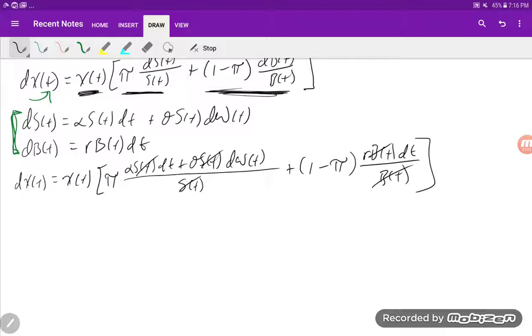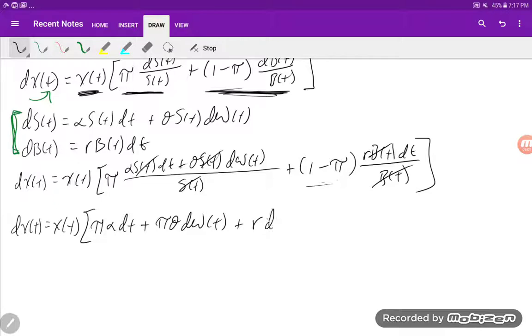So, yep, dX_t is equal to X_t times pi alpha dt plus pi sigma dW_t, and then this term here, so that's plus r dt, and then minus pi r dt.